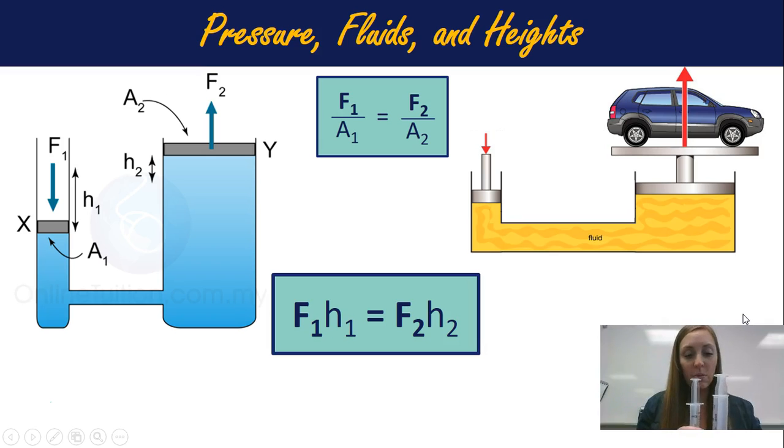You guys did this activity with syringes in class where you pressed on the input and saw the output. And if you noticed, when you press down, the input goes a lot further than the output changes. So if we bring it back to where we started, it is so much harder to press on the larger side.